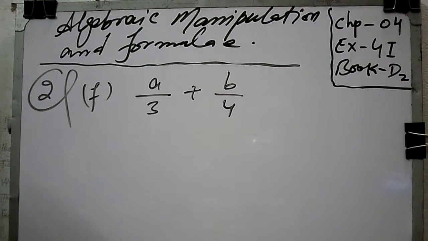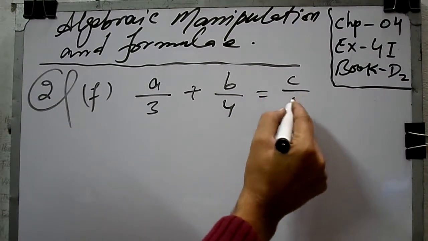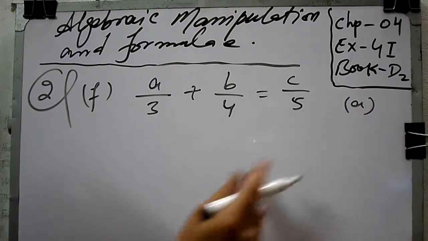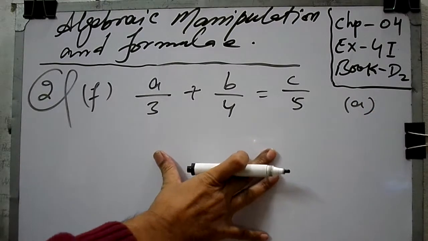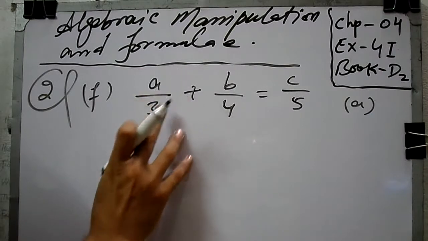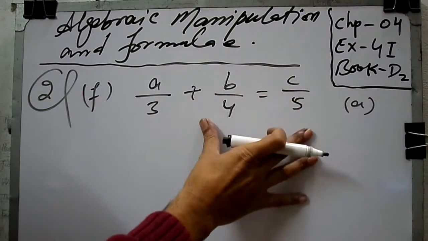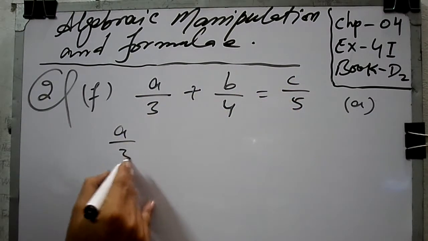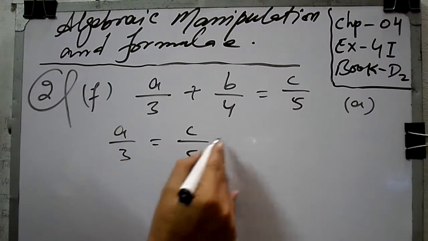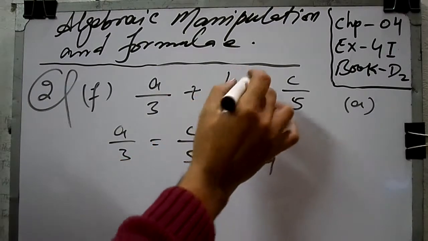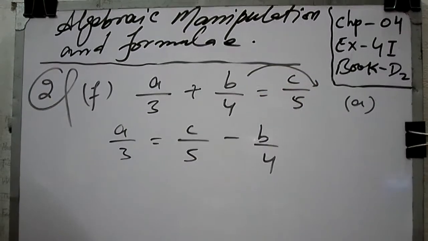A by 3 plus B by 4 is equal to C by 5. Here you have to make A the subject. Once again, by the same methodology, you need the value of A, so A by 3 is equal to C by 5 minus B by 4. You have to shift this to the other side.